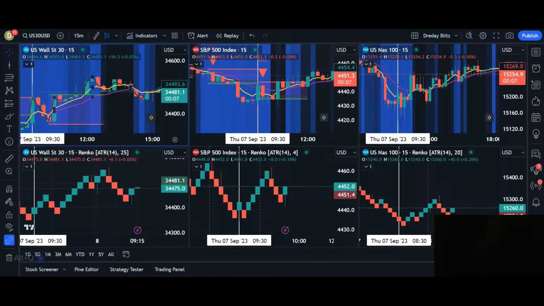All right, the market will open in a couple of seconds. The market is opening right now.